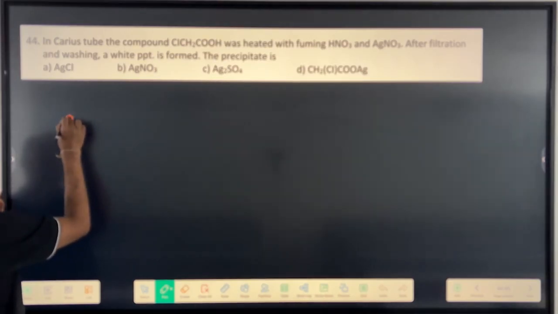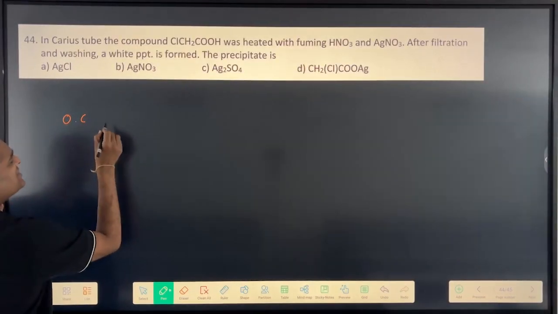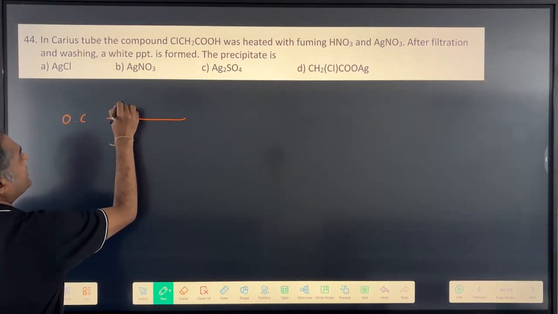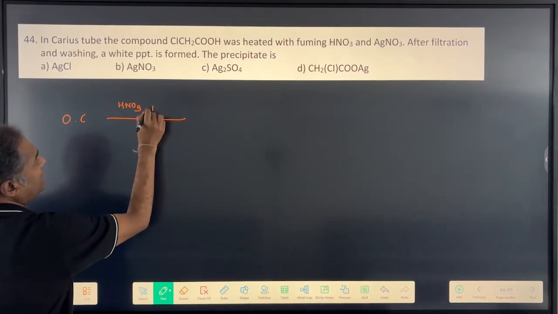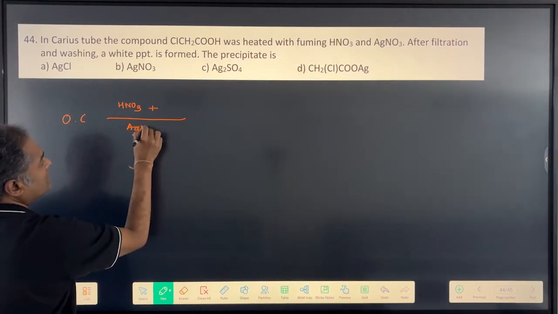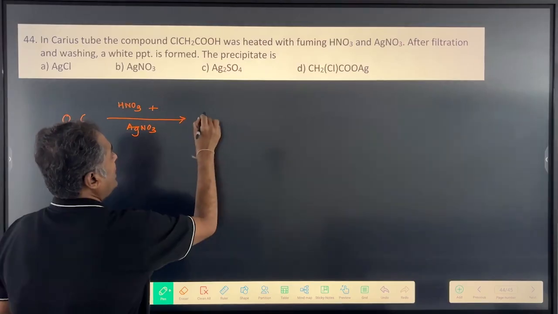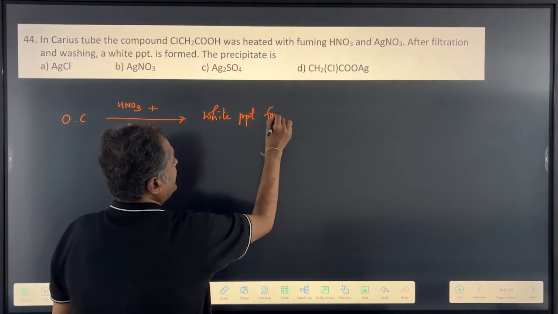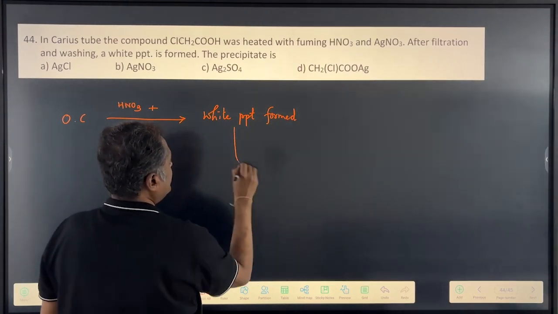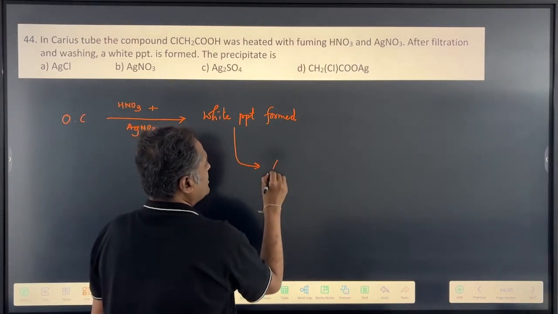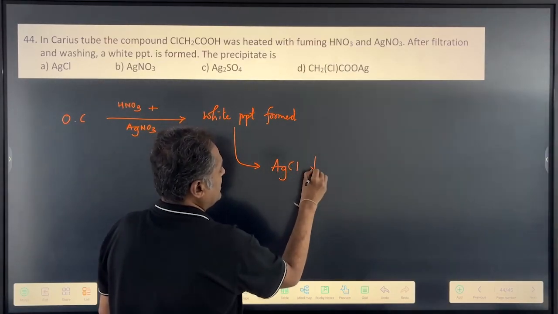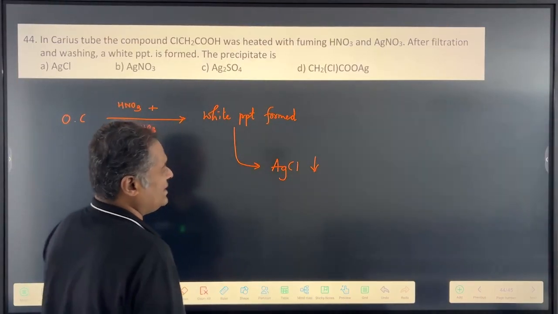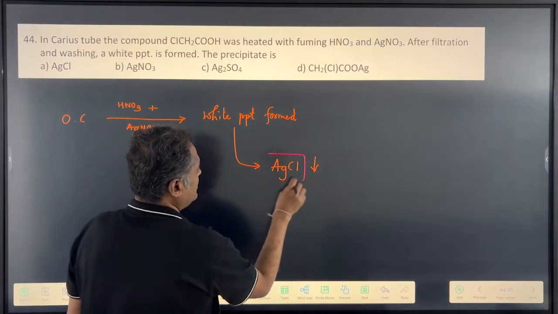Now see, whenever an organic compound in a Carius process or Carius tube is heated with nitric acid and silver nitrate, and a white precipitate is obtained, it clearly indicates the formation of AgCl, because Cl always forms AgCl when it reacts with silver, and that white precipitate is nothing but AgCl.